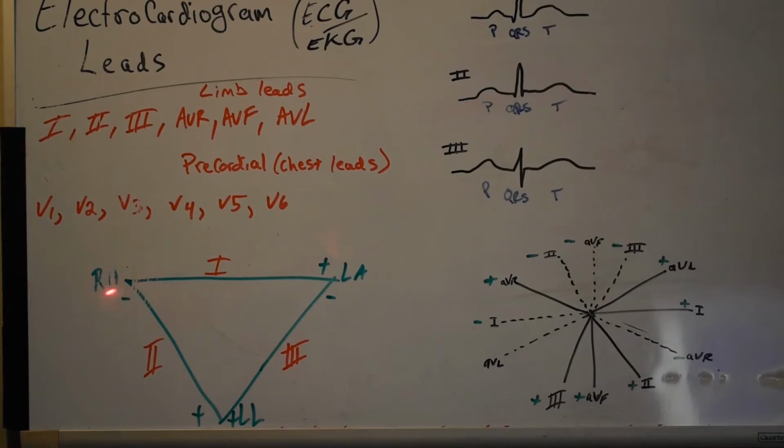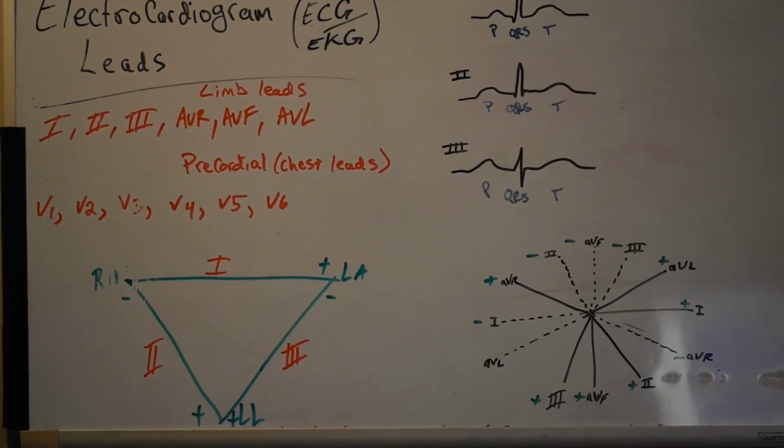They don't really give you the view of, say, a lead V5 that's placed somewhere between the fourth and fifth intercostal space on the mid-axillary line. You're not going to get that kind of view from a limb lead. You'll get that from a lead V5. So they're much more specific, and I'll go over those in a separate video.